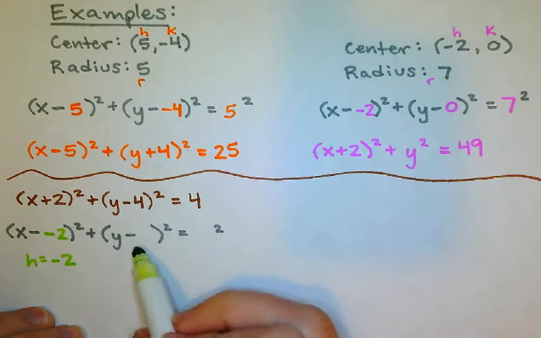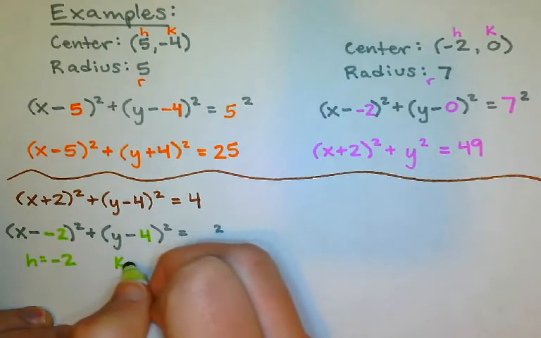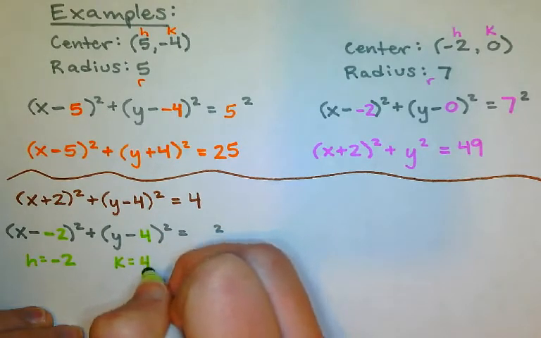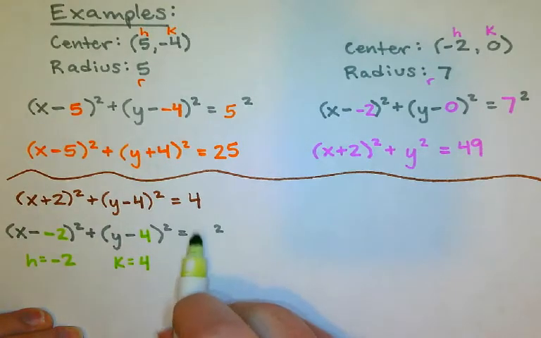Is my k going to change at all? No. So my k is going to be a +4. Now, what number squared is 4?